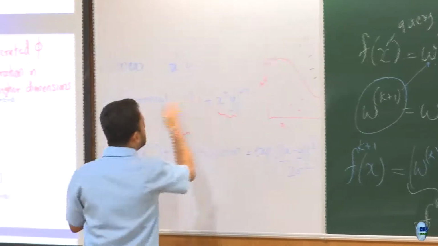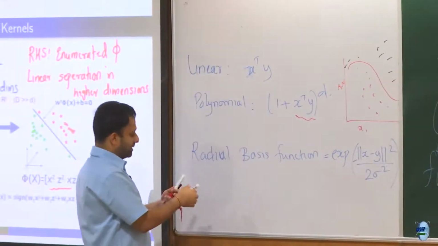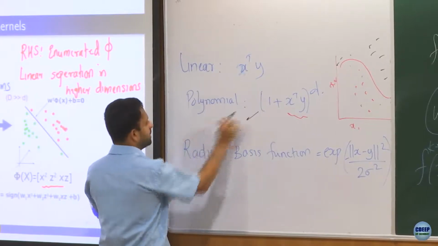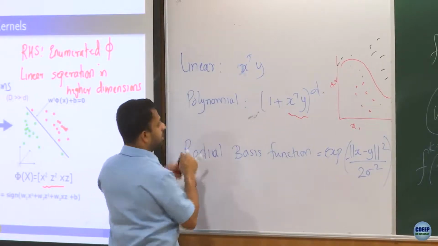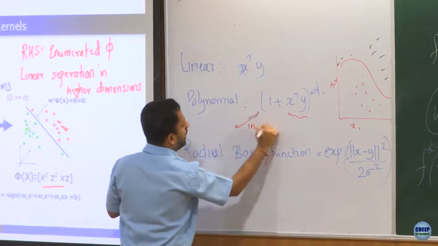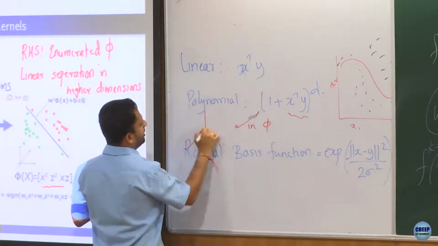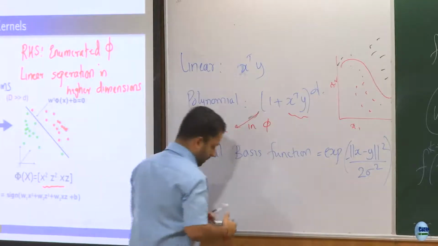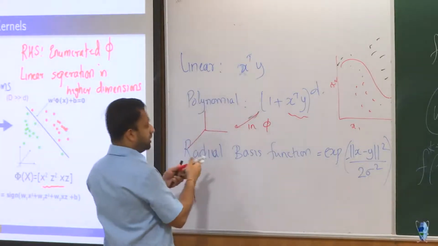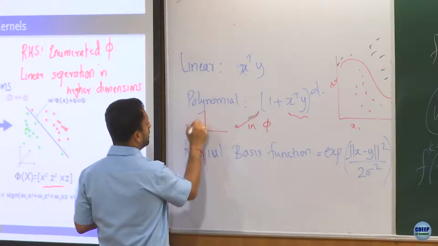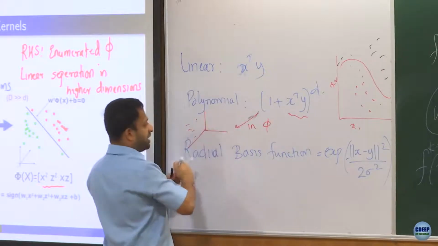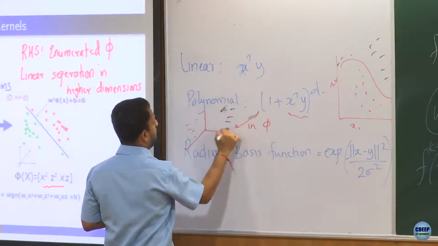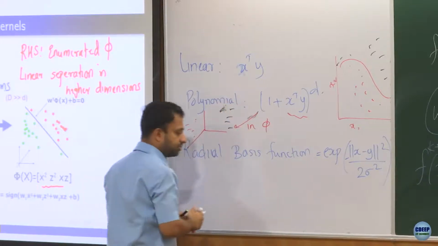Whereas if you look at the space of the phi's, if I could just construct a space of phi's, this might have been say 3-dimensional, and here somehow I have managed to project them in such a way that I get linear separation.